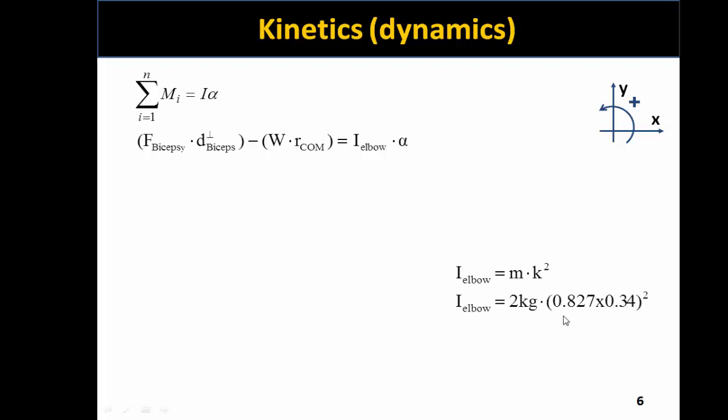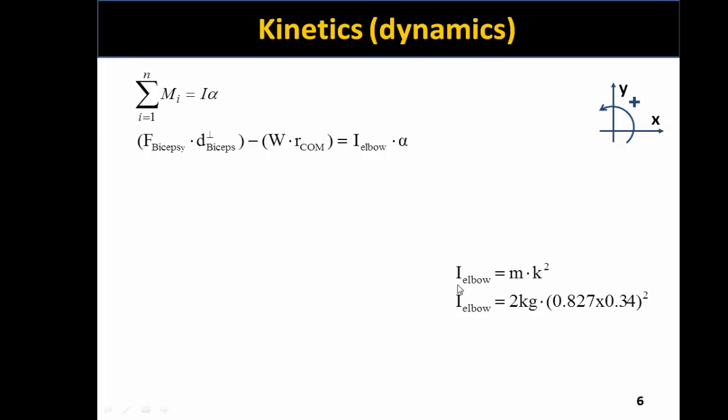So I find I have 2 kilograms from Dempster's table. I indicated the value on slide number 1. I have 0.827, but 0.827 is a unitless value. We need the radius of gyration in distance units, and that distance unit is the full length of the forearm and hand at 34 centimeters, or 0.34 meters.